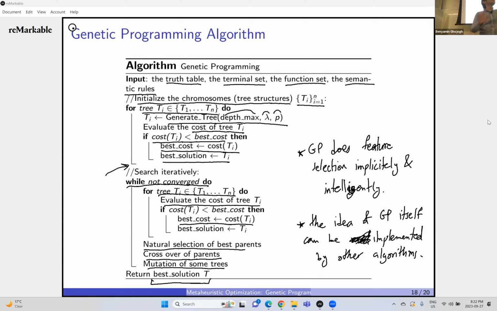This is a wrapper method, because it wraps itself around the machine learning model. But filter methods don't care about the machine learning model. They only care about the features statistically.